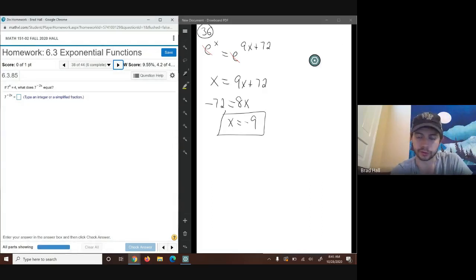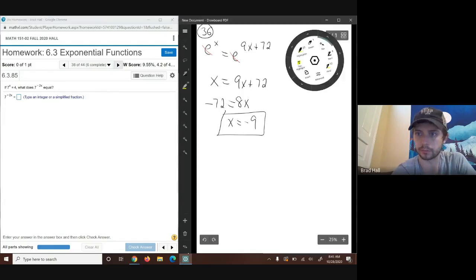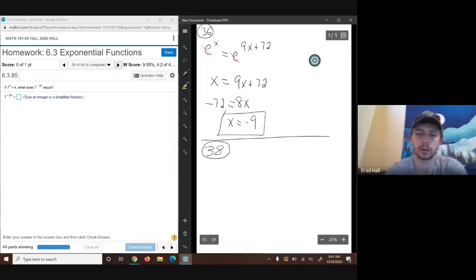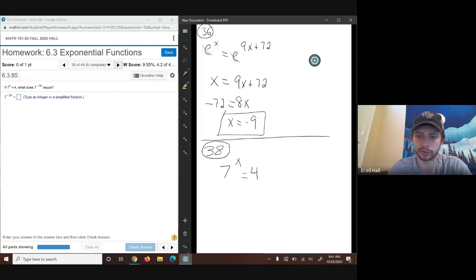38. This one tends to trip up people a bit. So let me talk about 38. So they tell us that 7 raised to the x is equal to 4. And then they want us to determine what 7 raised to the -2x is.